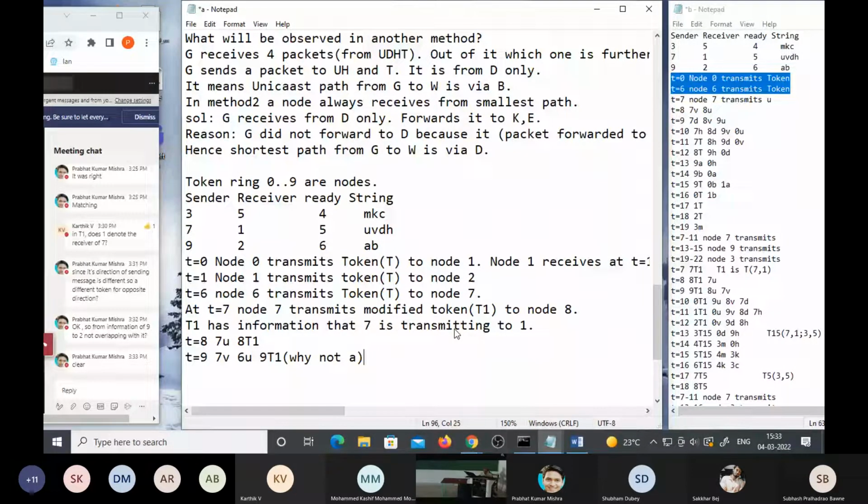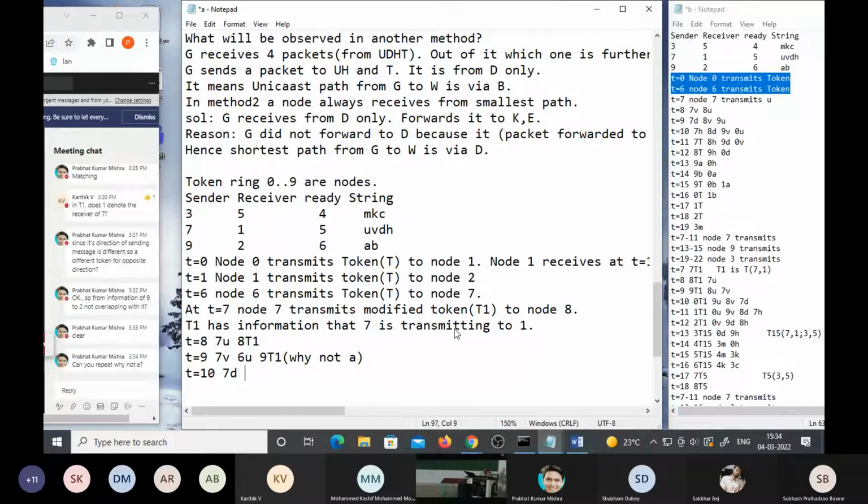At t equal to 10, 7 will transmit D. Because T1 has the information that 7 is transmitting to 1. If 9 starts transmitting to 0, it will overlap.